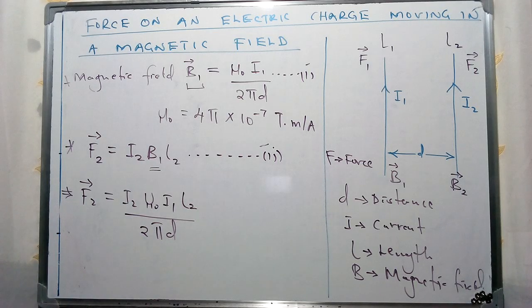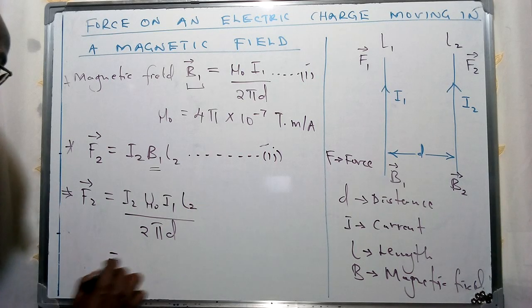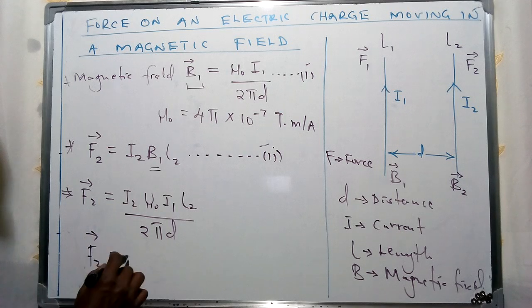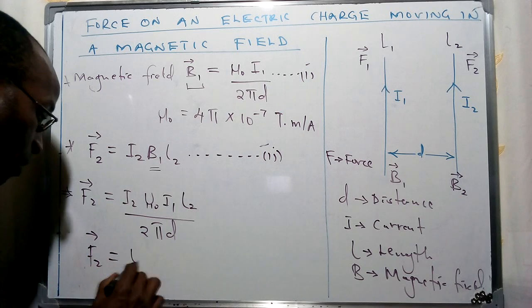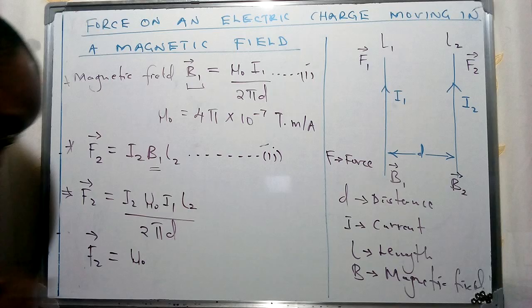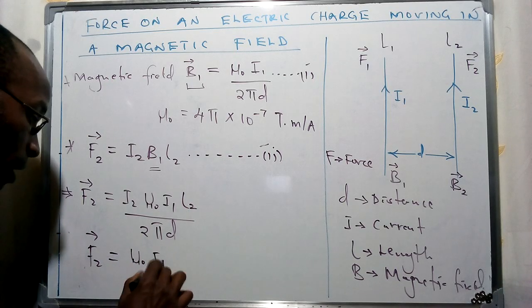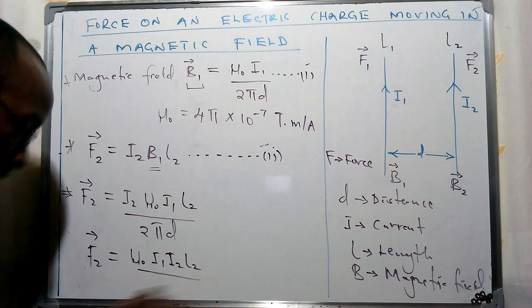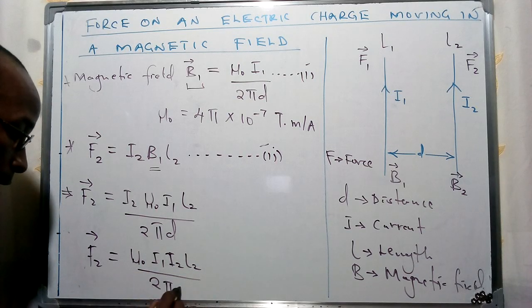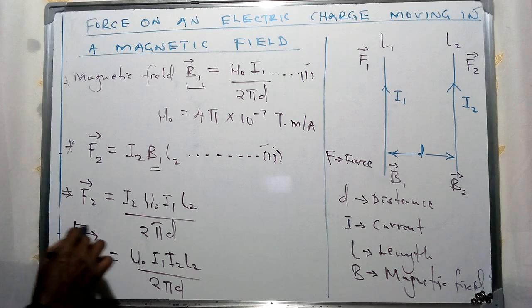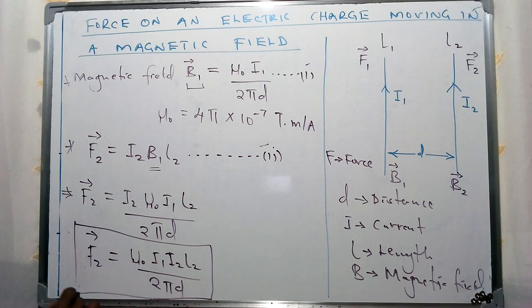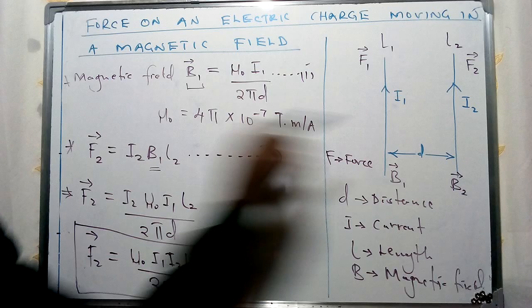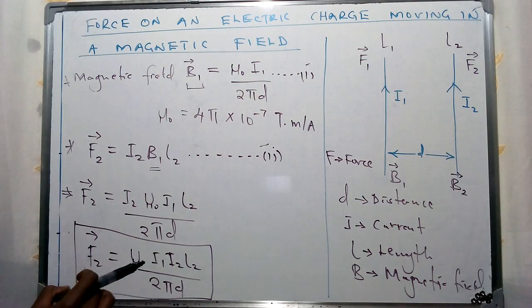Perhaps we can do a rearrangement and have F2 given as mu naught I1 I2 L2 divided by 2 pi d. This gives us the magnitude of the force F2 experienced on an electric charge moving in this specific magnetic field.